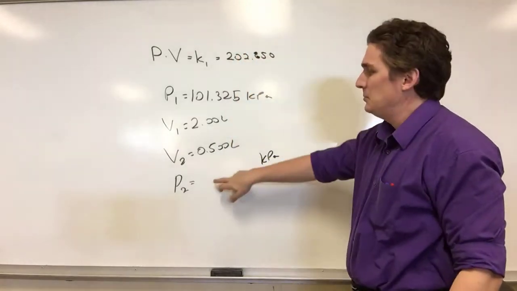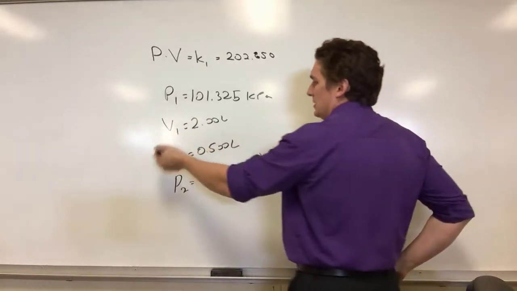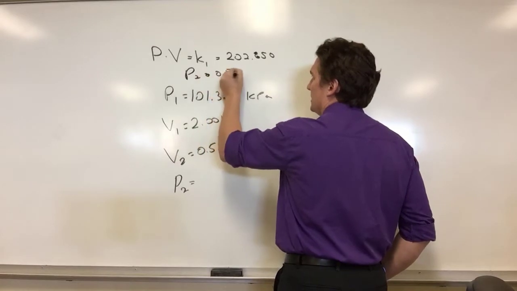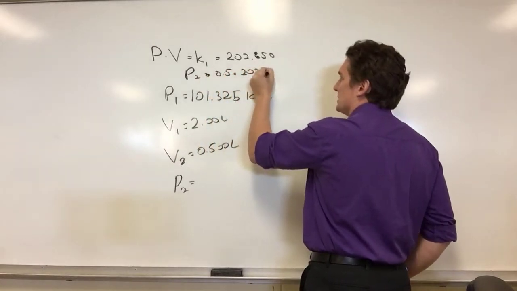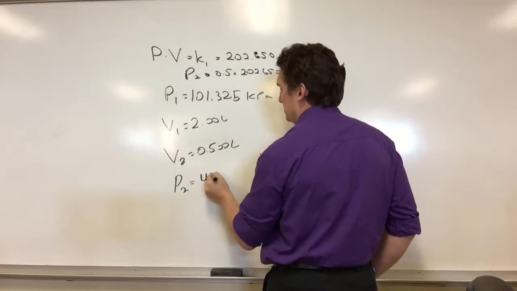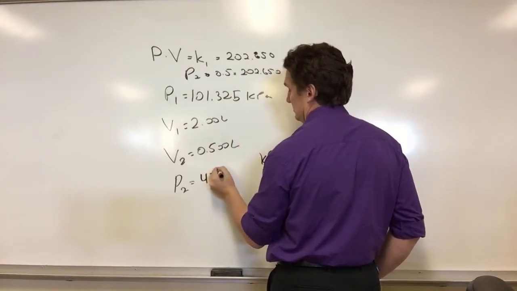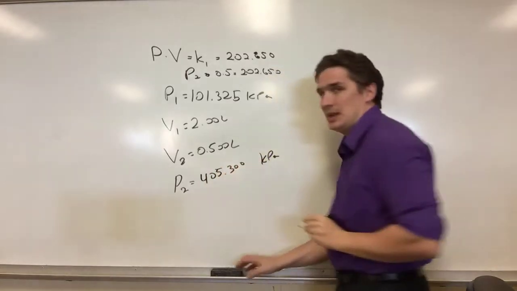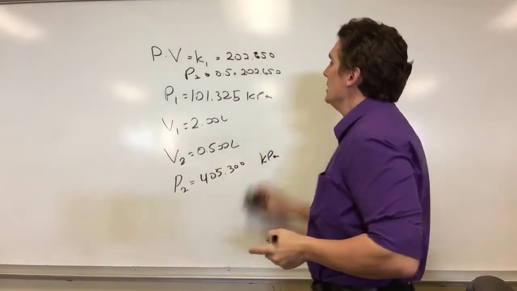And now if I want to know pressure 2, all I have to do is say, pressure 2 times 0.5 equals 202.650. Well, I just have to double that to get rid of it. So pressure 2 is 405.300 kPa. I'm really hoping that's right.